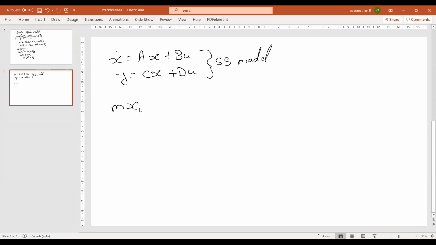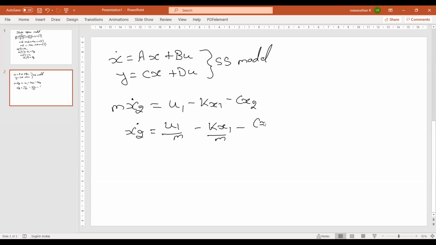Substitute the values: instead of m x double dot it is m x2 dot, so u1 minus k x1 minus c x2. If you take m down, x2 dot will be equal to u1 by m minus k x1 by m minus c x2 by m.